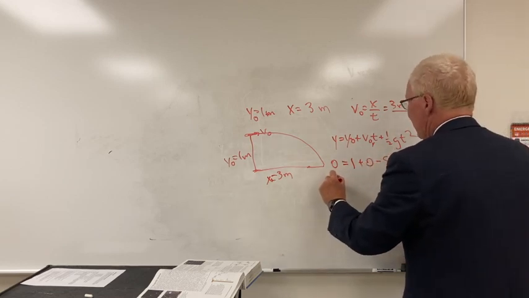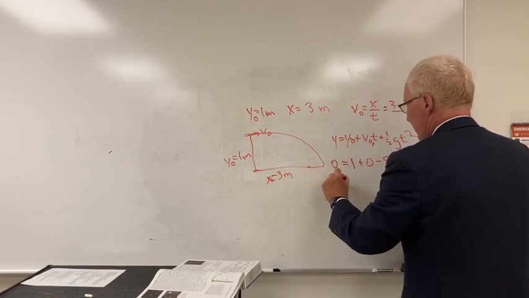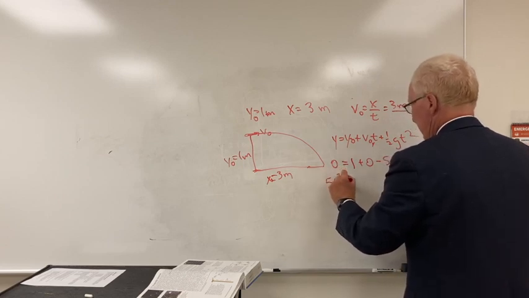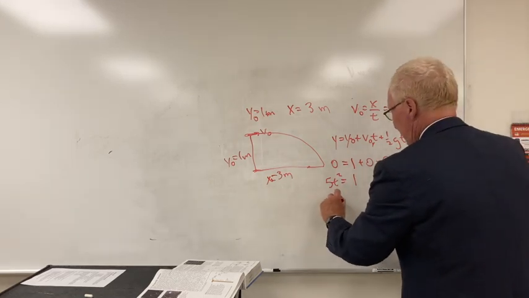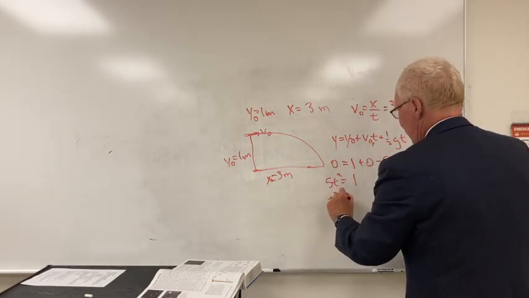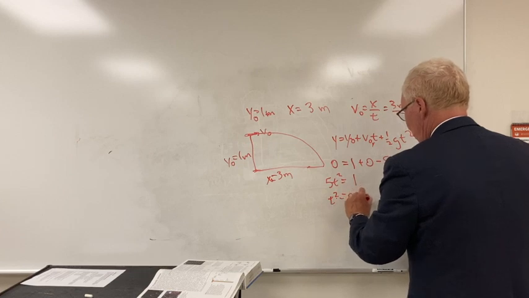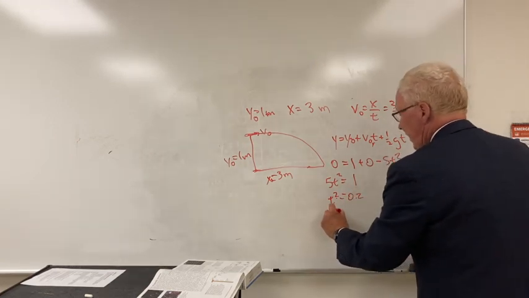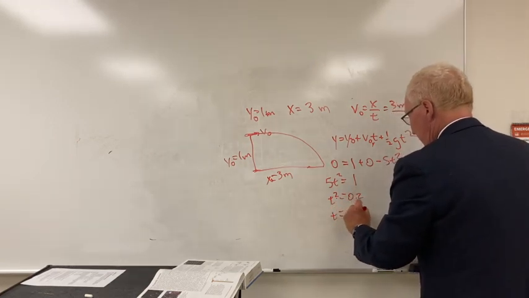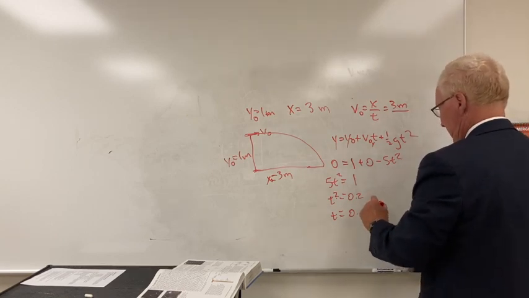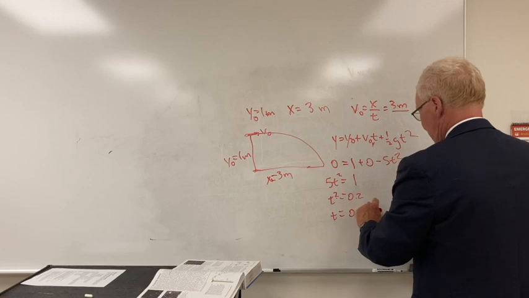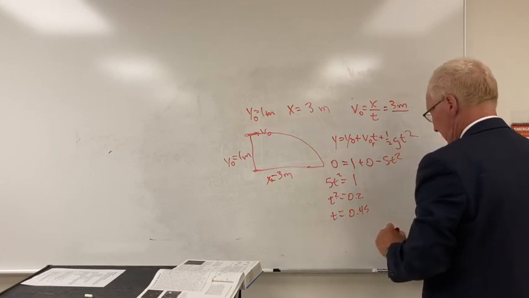So we end up with 5t squared equals 1. So t squared is 0.2. Take the square root of that, about 0.45. Right. Yep.